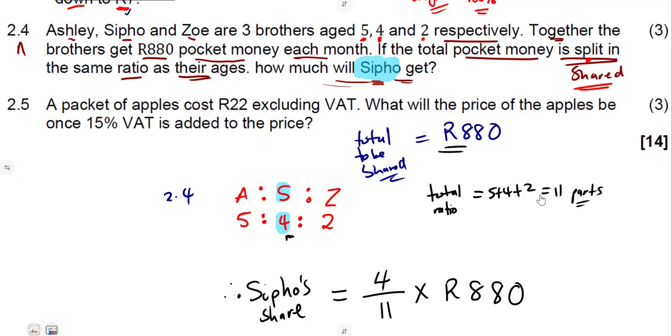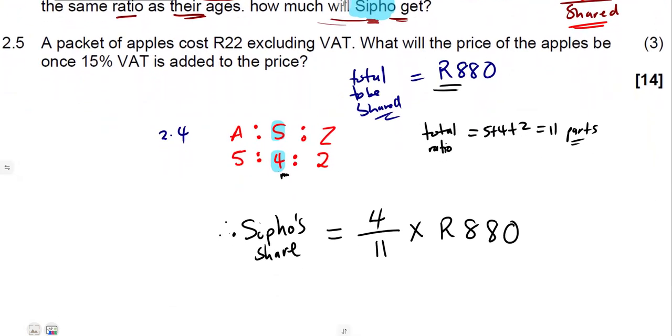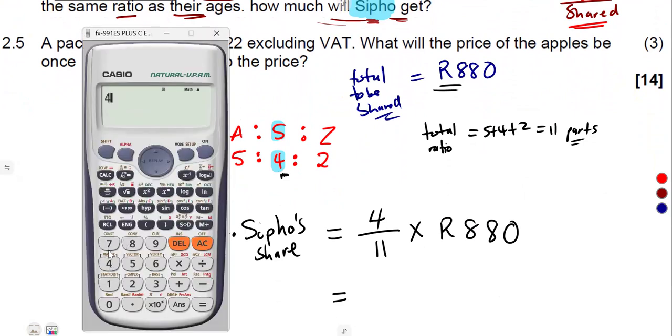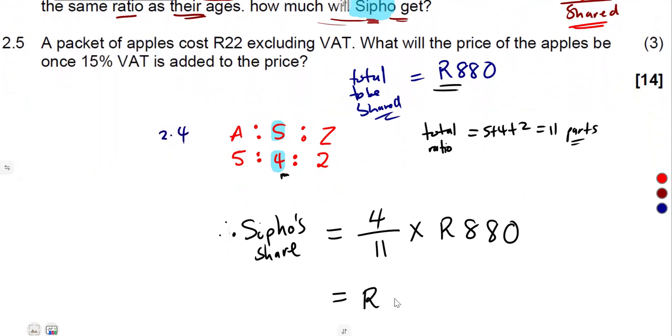This is going to give us Sipho's share. So 4 over 11 on our calculator times 880 gives us 320. So that's 320 rand. That is what Sipho is going to get from what they are sharing.